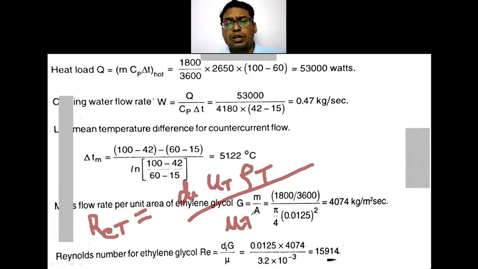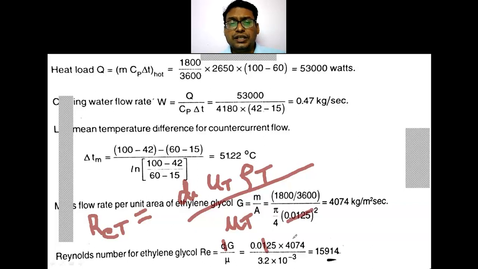That is all for the fluid which is passing through the tubes. So di is the inside diameter, this is 0.0125.